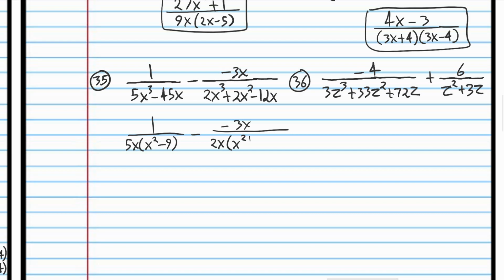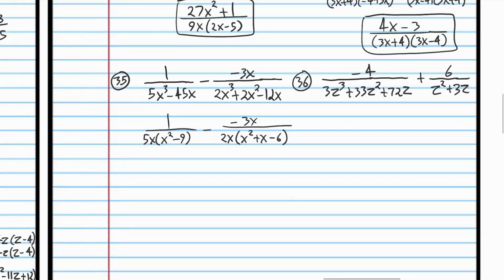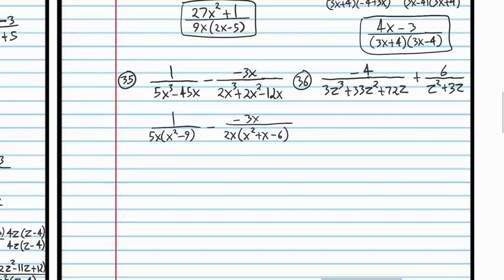So we can already see that this problem is going to be pretty challenging. And unfortunately, we have to factor even more because we have the difference of two squares here that can be factored, and we have a quadratic that can be factored.